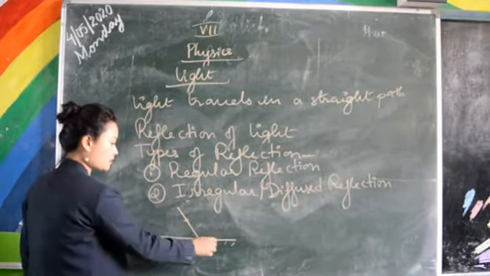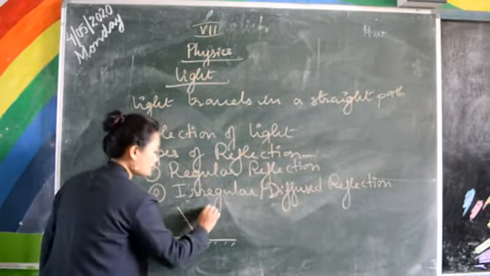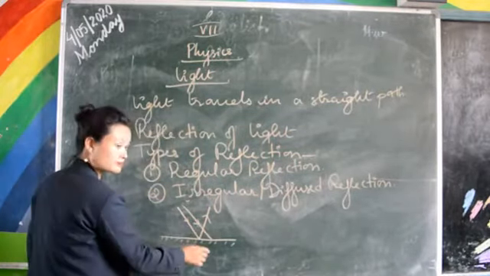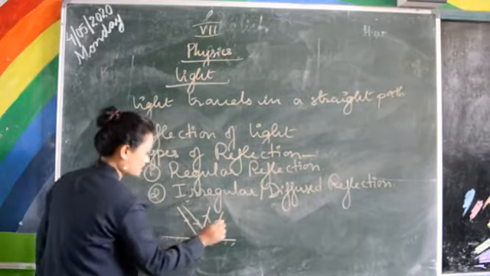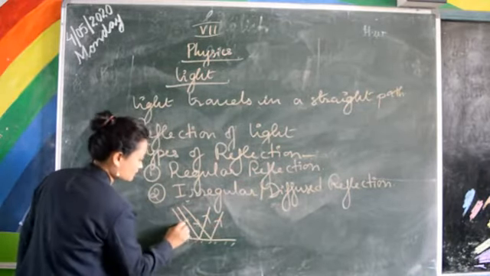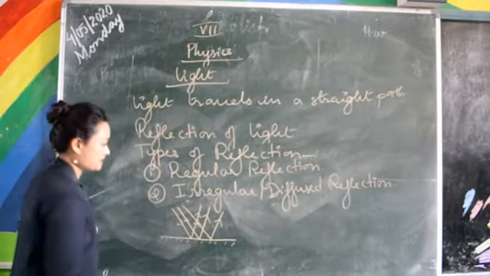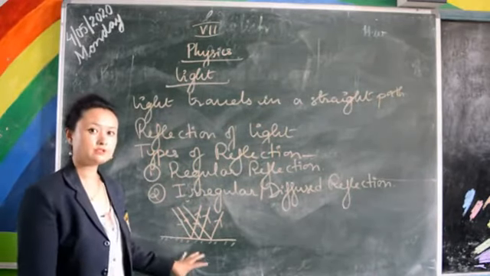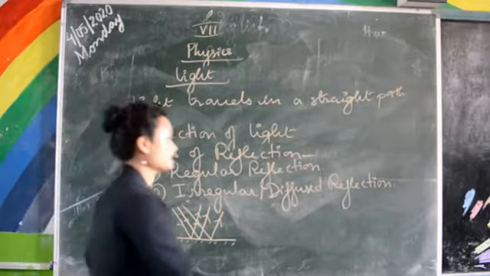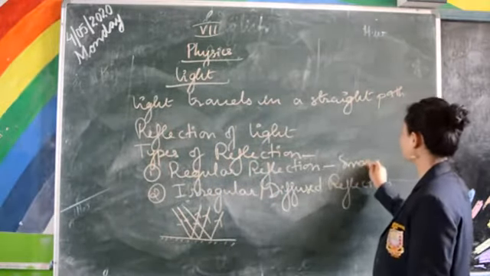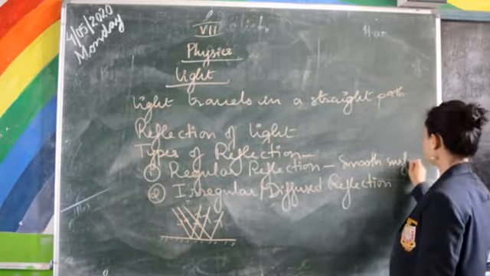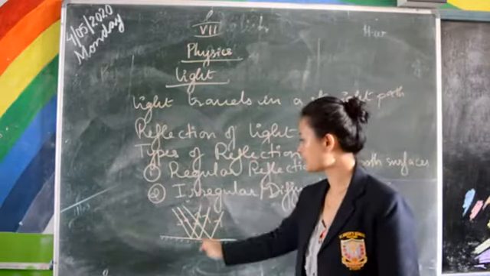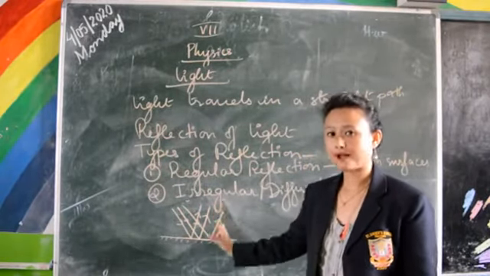After striking the smooth surface, it will reflect back. Another ray, after striking this surface, again reflects back. See, the pattern is neat. So this is how regular reflection takes place. When a ray of light falls on a smooth surface, it reflects back in a regular pattern.